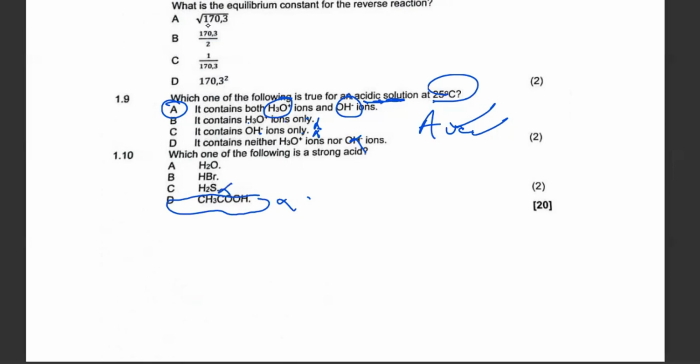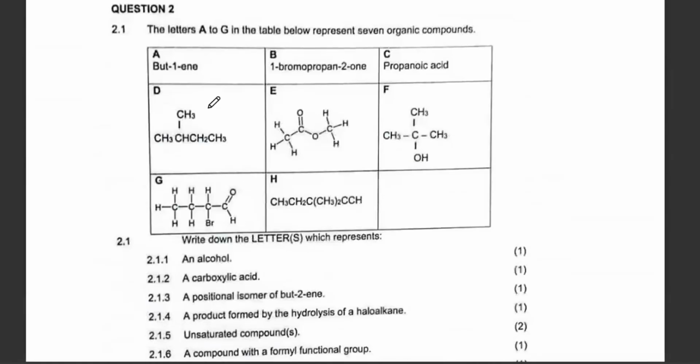So this one is out, and then B, because this is hydrobromic acid, an acid derived from a group 7 element. So it is the answer. It is B. So you get your 2 marks. So that is the first question.